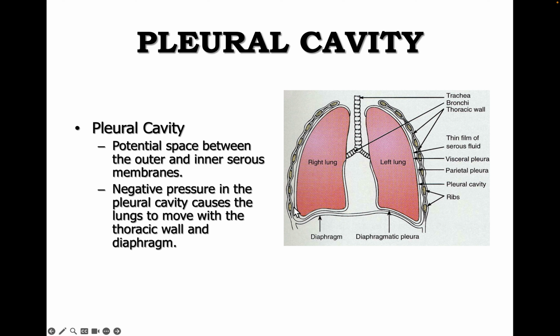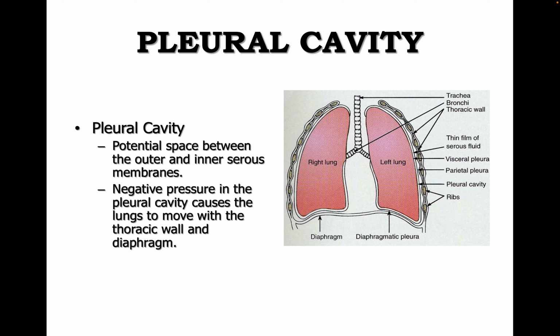We've got this gap, as you can see right here and right here. But as you breathe in, the rib cage will pull up, and this gap will become a little bit larger. And when this gap becomes larger, pressure goes down.